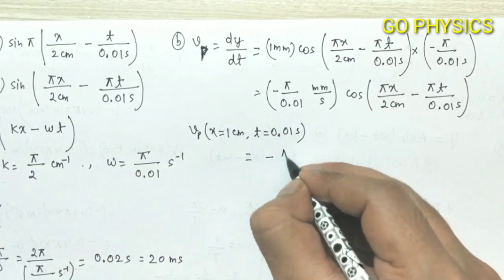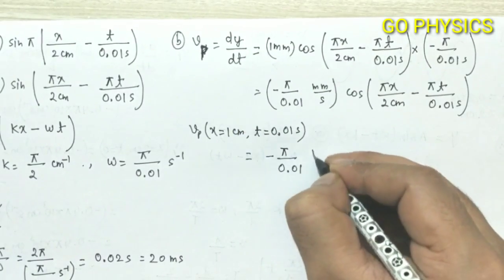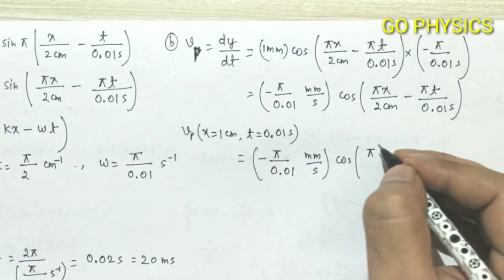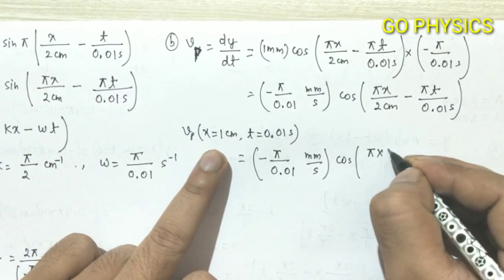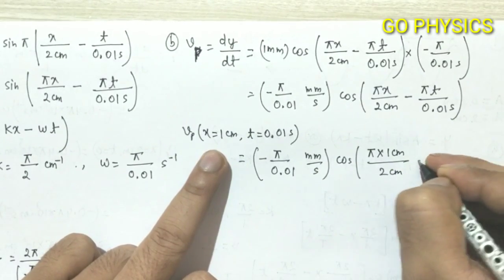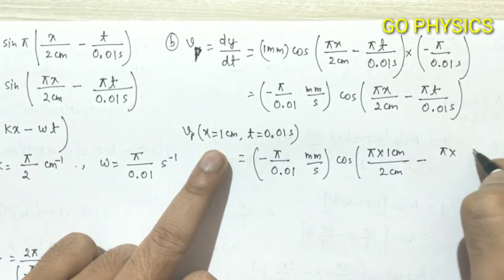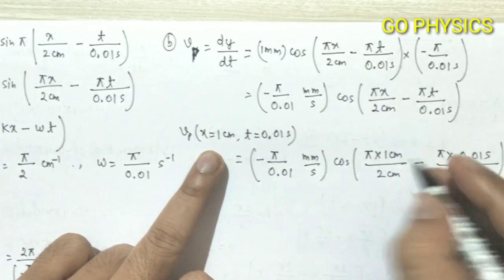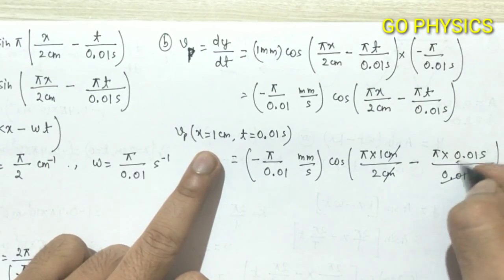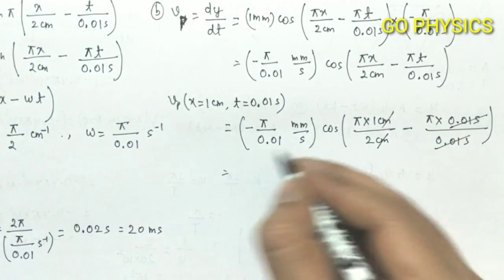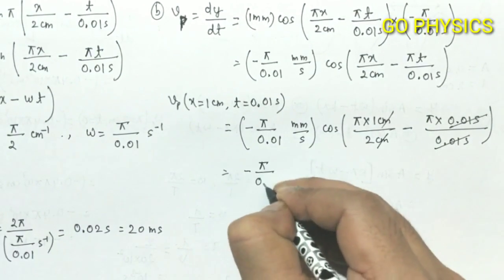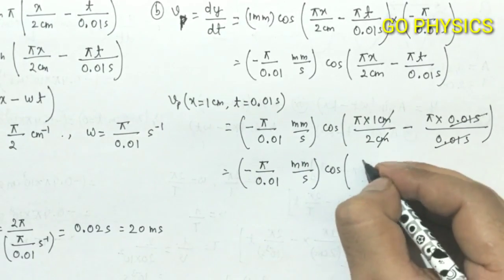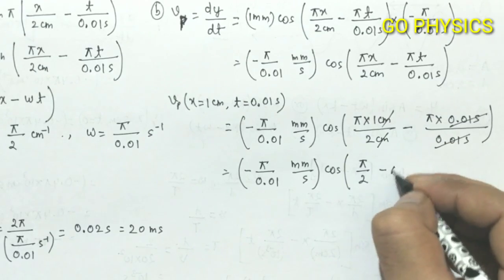So it will come out minus pi by 0.01 millimeter per second cos pi, put the value of x, 1 centimeter by 2 centimeter, minus pi into t, 0.01 second divided by 0.01 second. So centimeter cancels out.